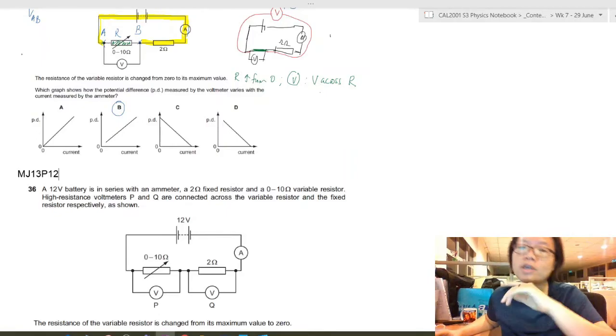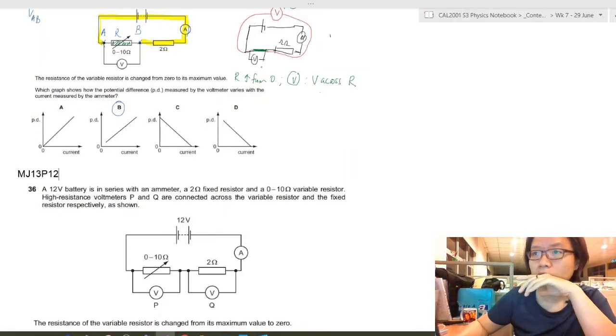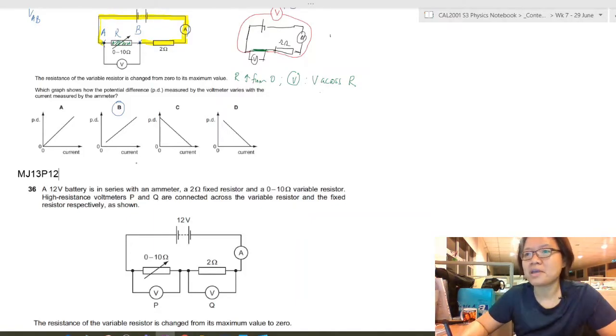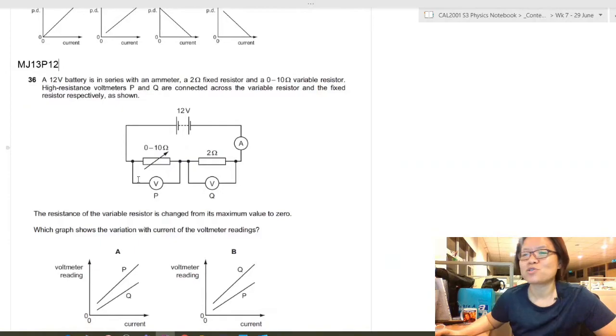If you look at this particular circuit, you will notice that the only difference is I install another voltmeter across the 2 ohm. And after installing that voltmeter across the 2 ohm, I actually have a very different circuit, a different monster entirely. So let's check it out.